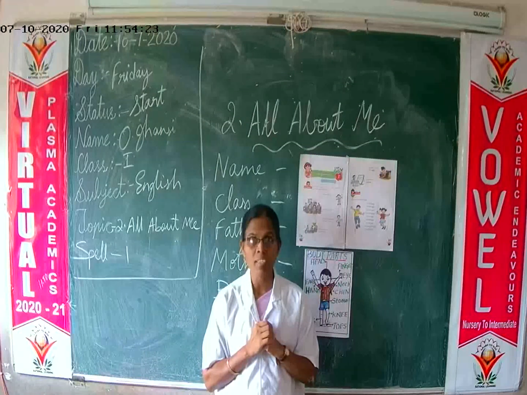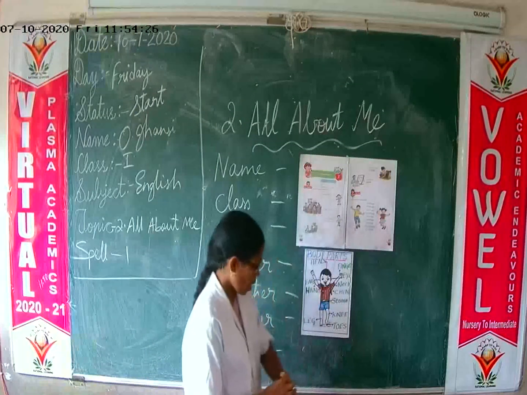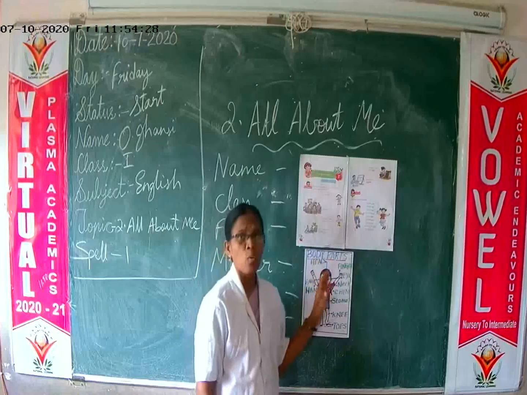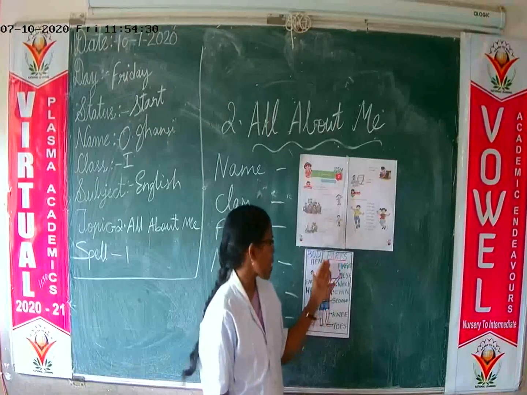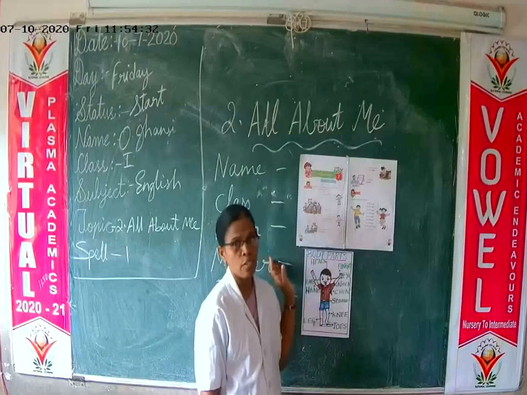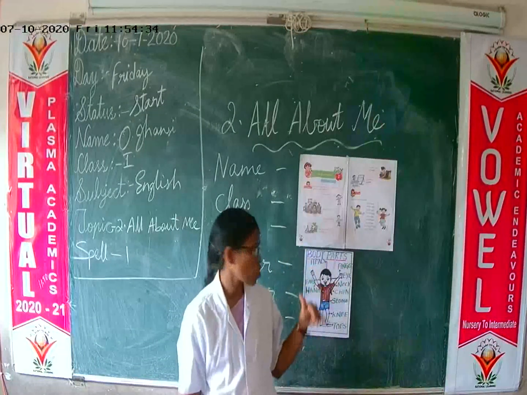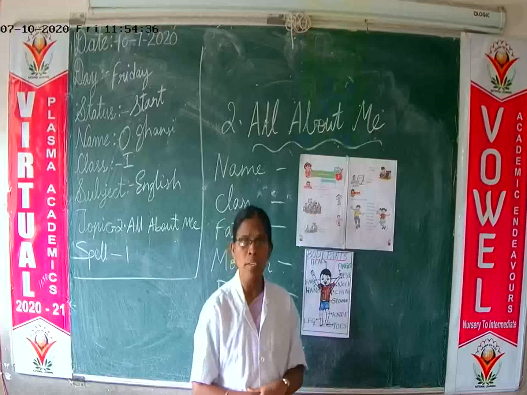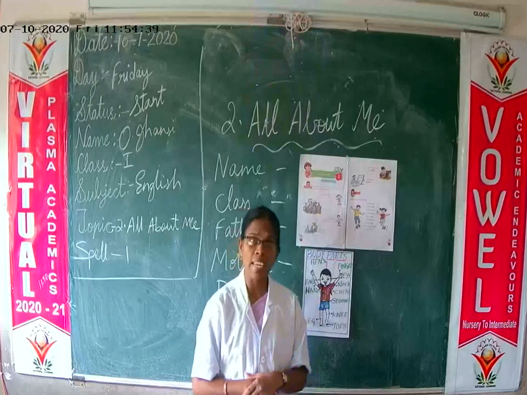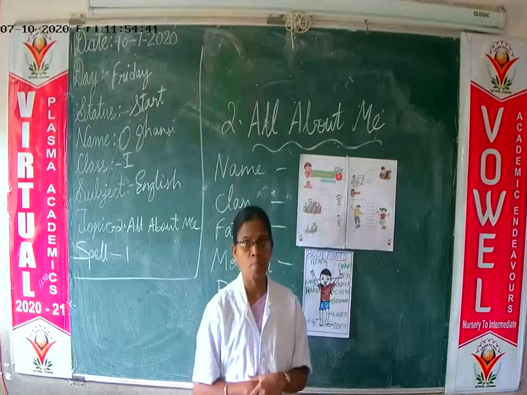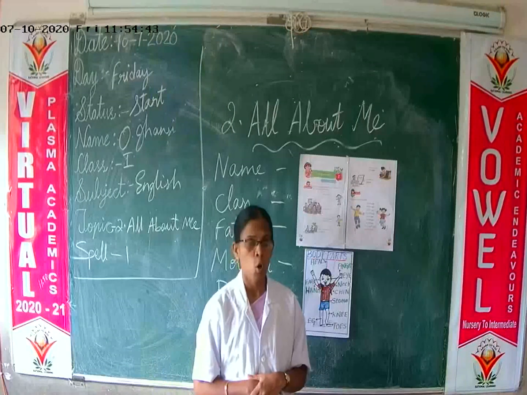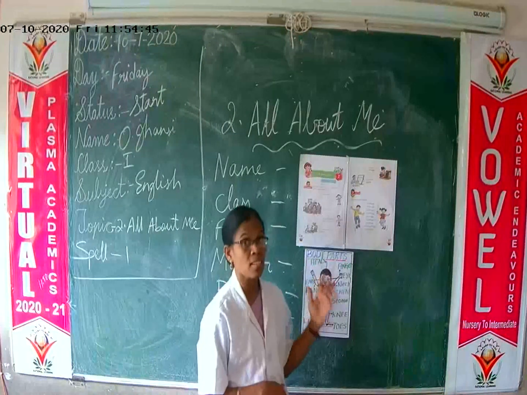Okay, children? Yes? Okay, now, so today we have learnt about the parts of the body and the self-introduction. So, the remaining parts of the body we will discuss later in the next class. Yes, children? Okay, for today, this is enough for you.